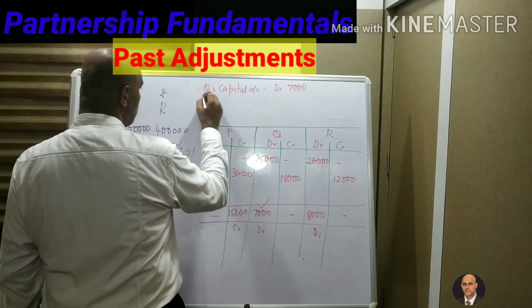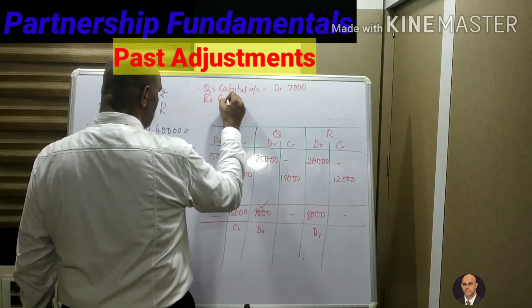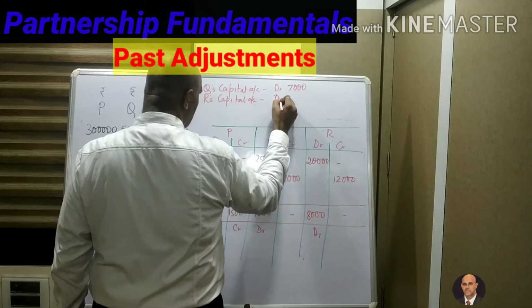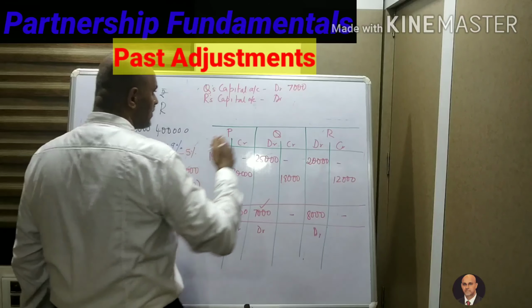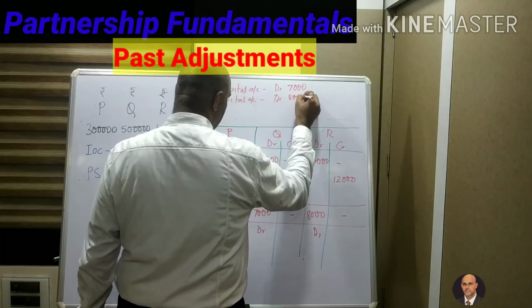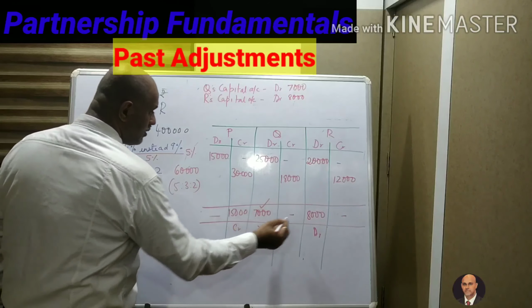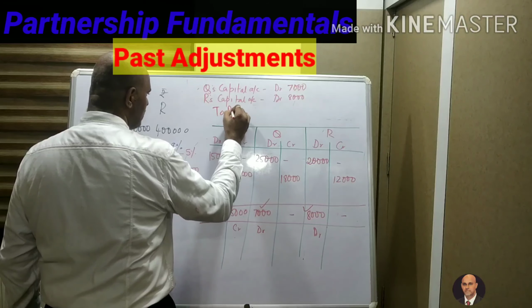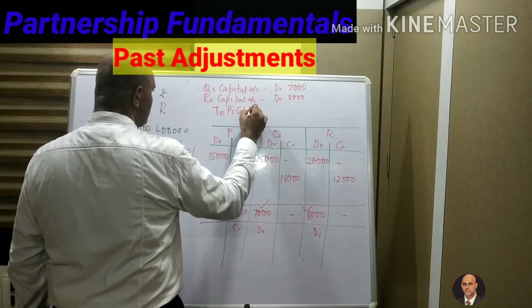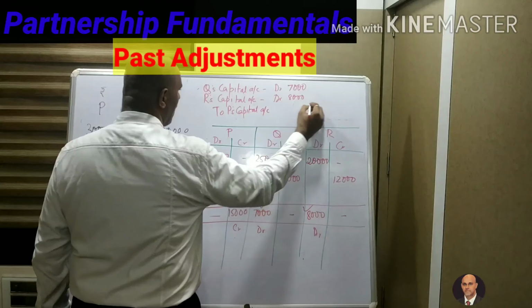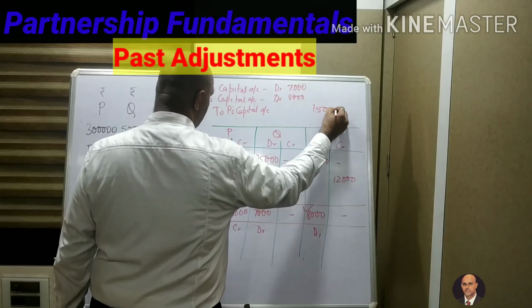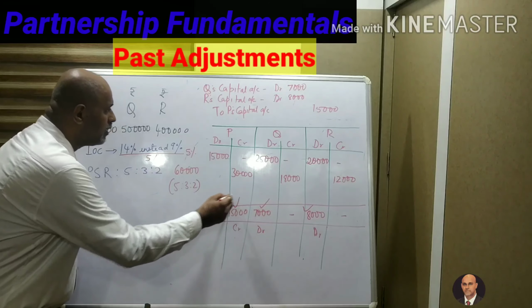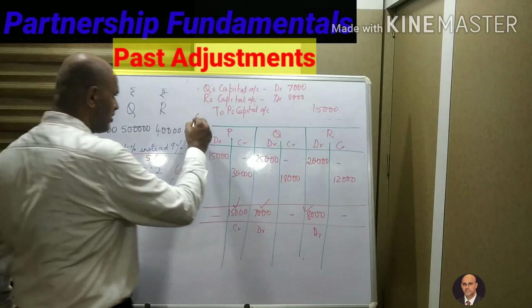R's capital account debit, 8,000, and I credit P's capital account by 15,000. Okay, and of course follow it after the narration.